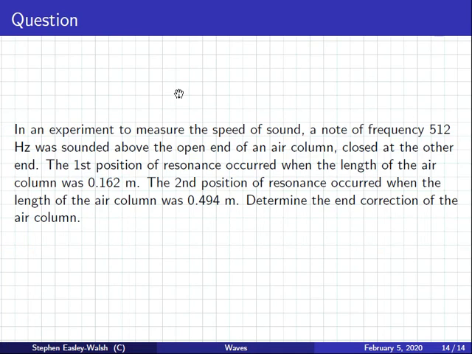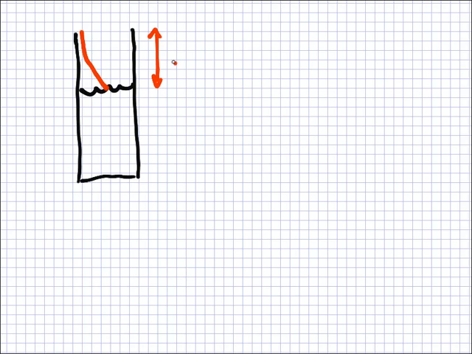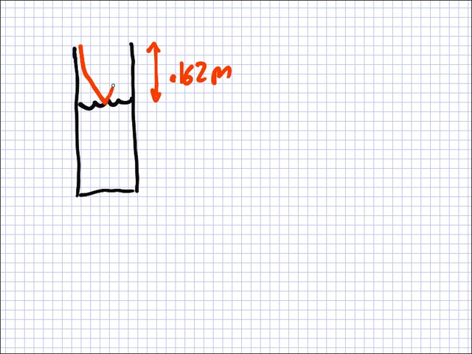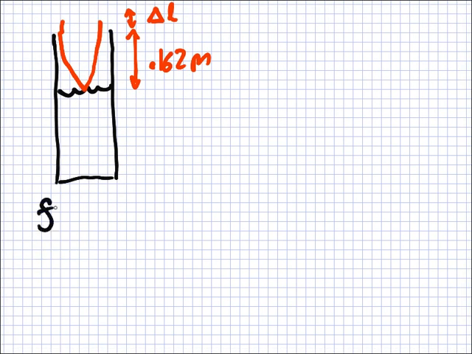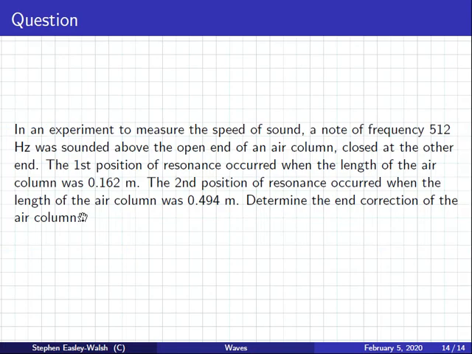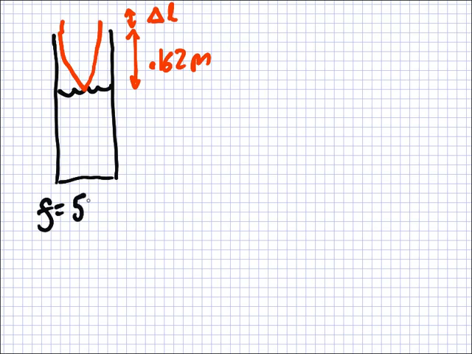We're told it's 0.162. And then once again, it actually forms a little bit outside of it. So here we'll call this delta L. And the frequency is going to be 512 Hertz then. Okay?